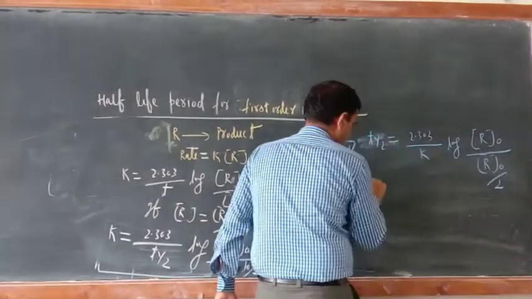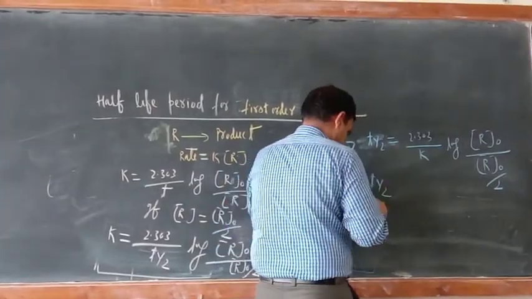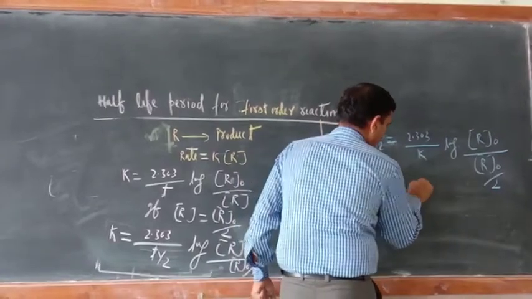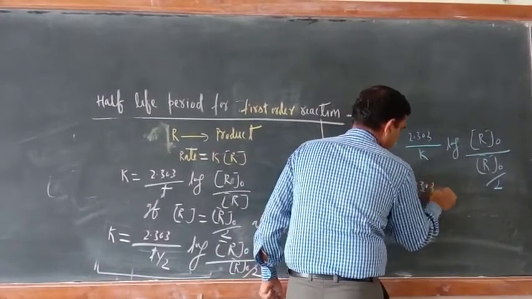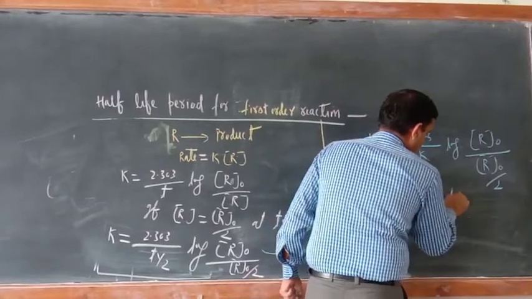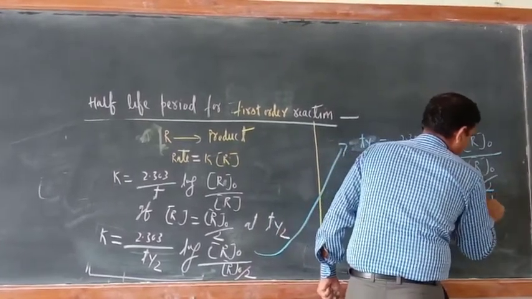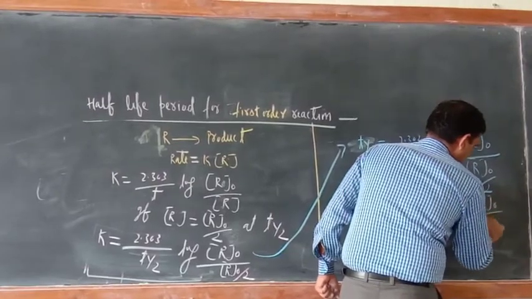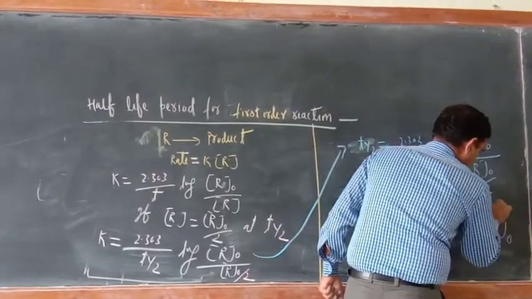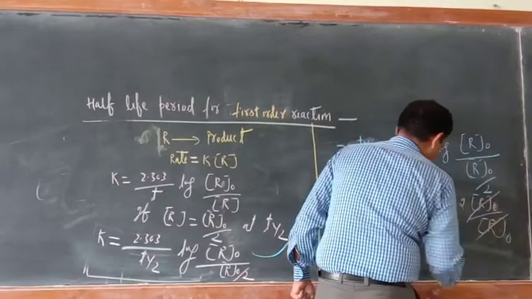So this can be written t half equal to 2.303 by k log 2 r0 by r0. So r0 cancels out.